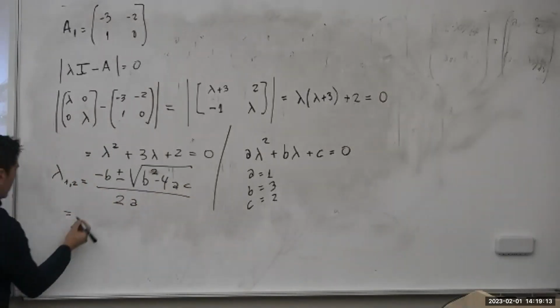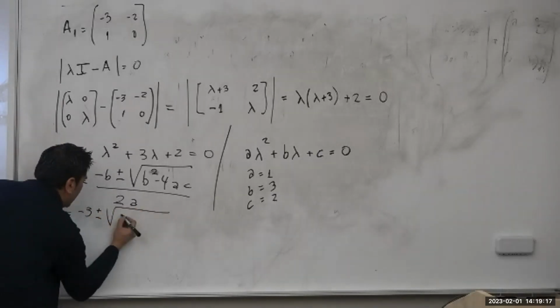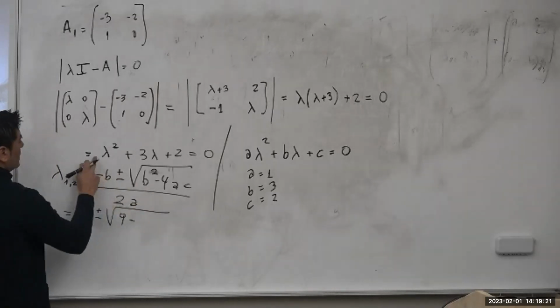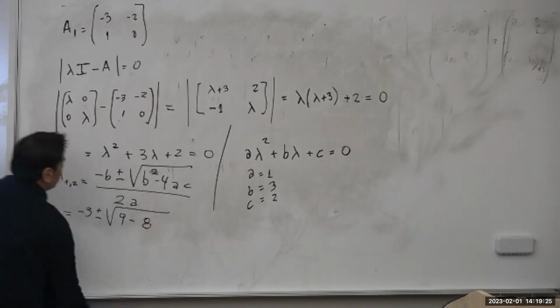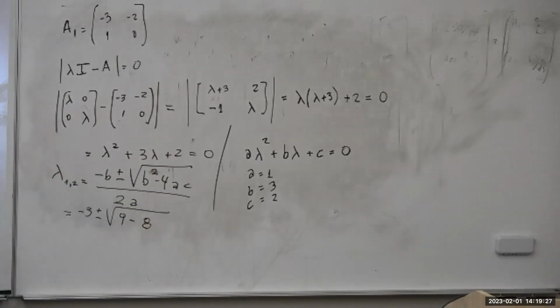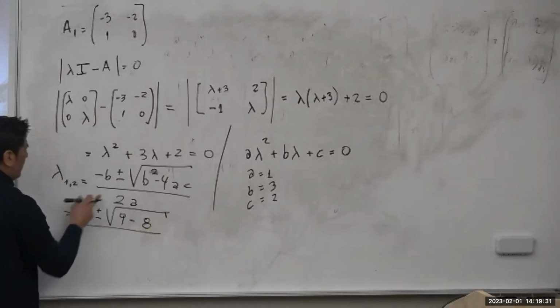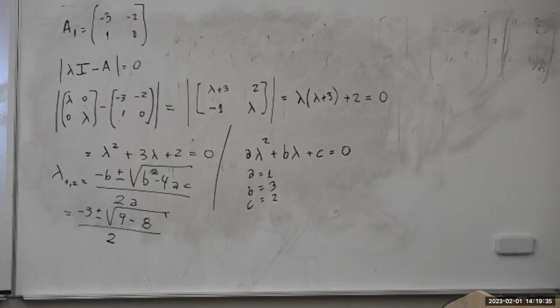So we replace that there, and we get negative 3 plus or minus the square root of 9 minus 4 times AC, and this is divided by 2A. A is 1. We get that.